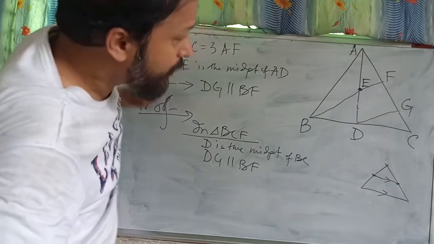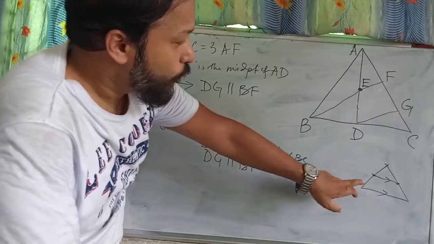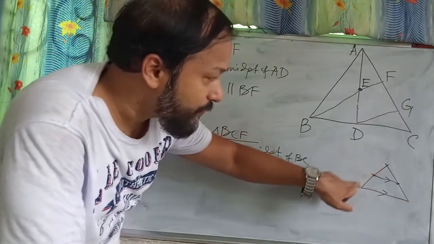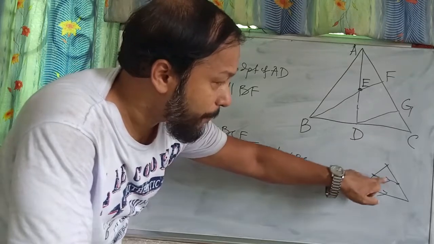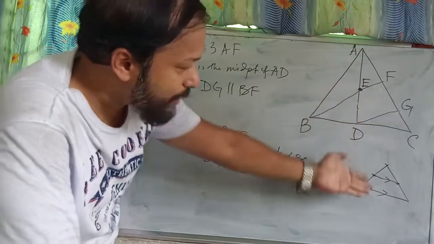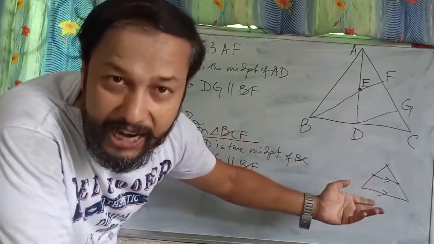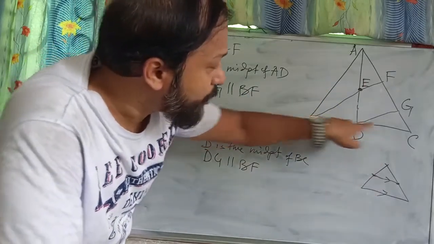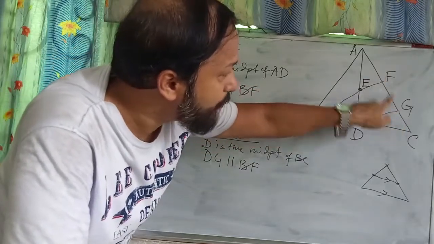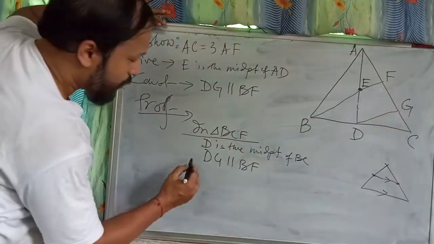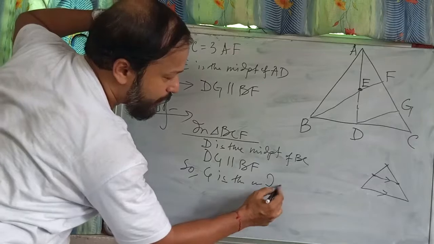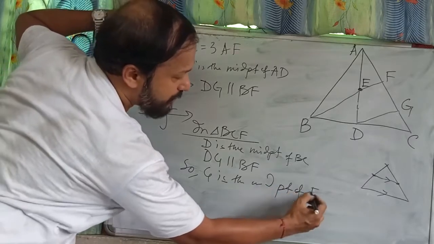So since D is the midpoint of BC and DG is parallel to BF, G is the midpoint of FC.